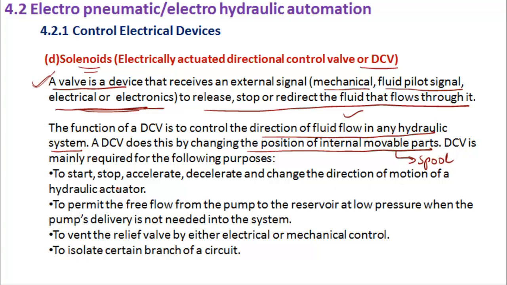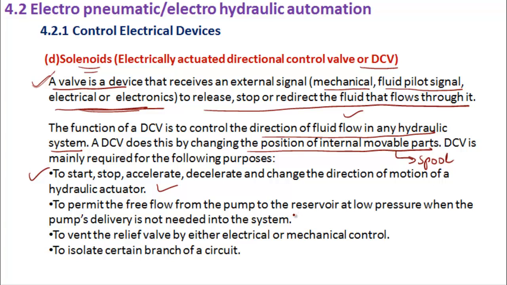What is the main purpose of a DCV? It is to start, stop, accelerate, decelerate and change the direction of motion of a hydraulic actuator, basically a piston. So if you want to stop, accelerate, decelerate, or change the direction of motion of a hydraulic actuator like a piston, you use a DCV.